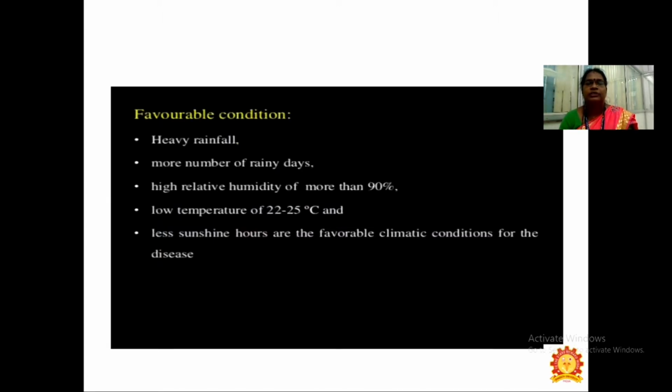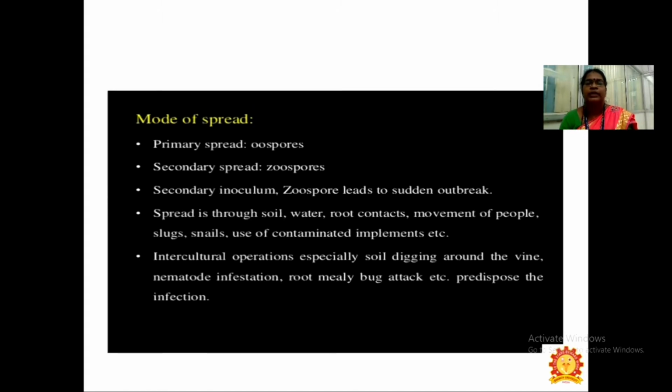Favorable conditions are heavy rainfall, a large number of rainy days, relative humidity of more than 90%, lower temperature of 20 to 25 degrees Celsius and fewer sunshine hours. Mode of spread: the primary spread is through oospores and the secondary spread is through zoospores, the secondary inoculum, which leads to sudden outbreaks.